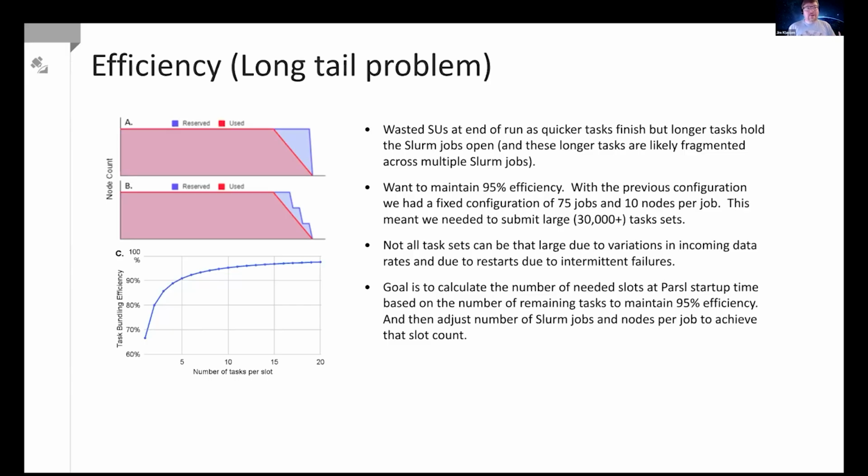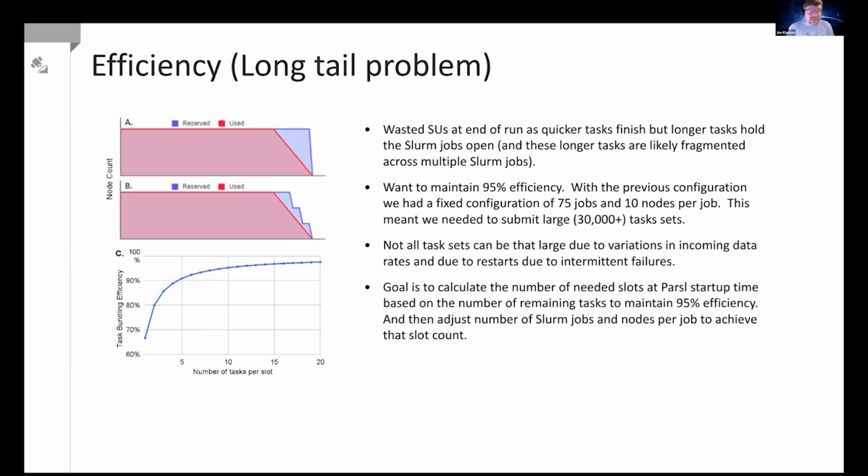But at the end, we have maybe a few dozen tasks left that are running, but each one of those tasks is holding up an entire, usually 10 node Slurm job. And so we can have a 10-node Slurm job that is supposed to be hosting 40 tasks that has one task in it, and that's not optimal.